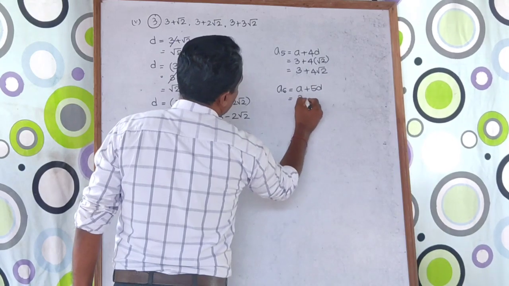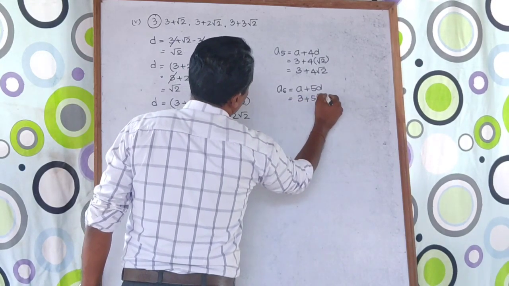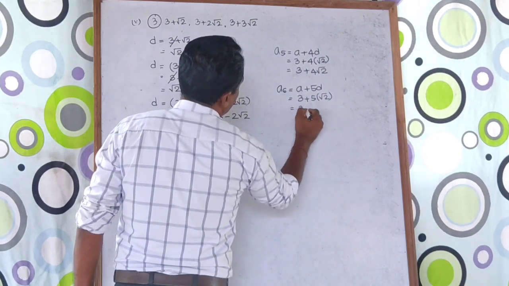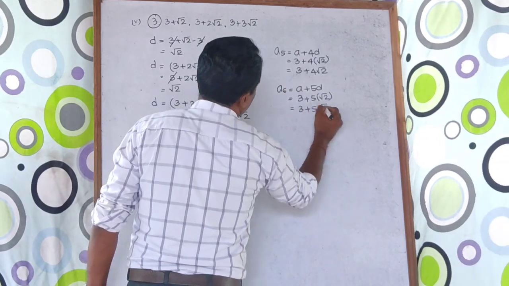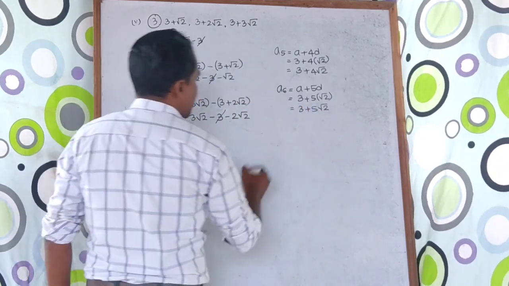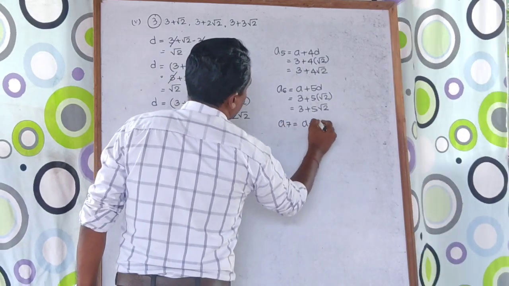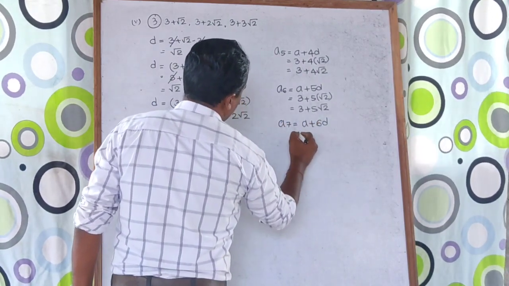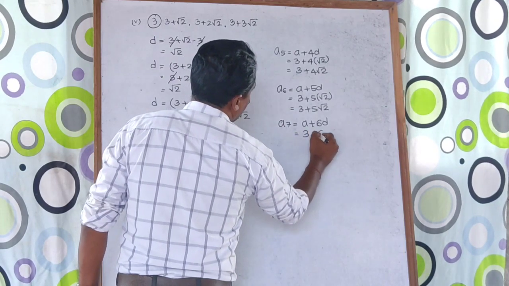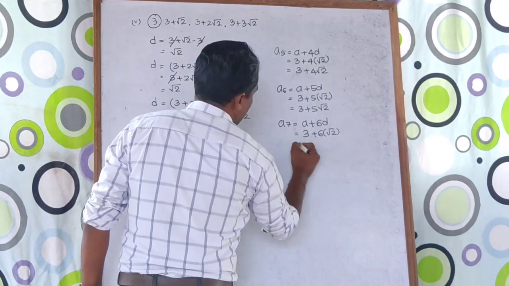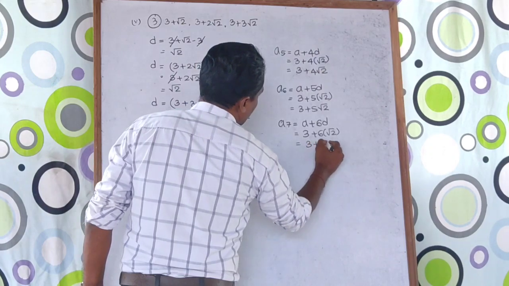Substituting A equals 3, plus 5 into root 2. Therefore, 3 plus 5 root 2 is the 6th term. If I take the 7th term, A7, A plus 6D. Substituting A equals 3, plus 6 into root 2. Therefore, it is 3 plus 6 root 2.